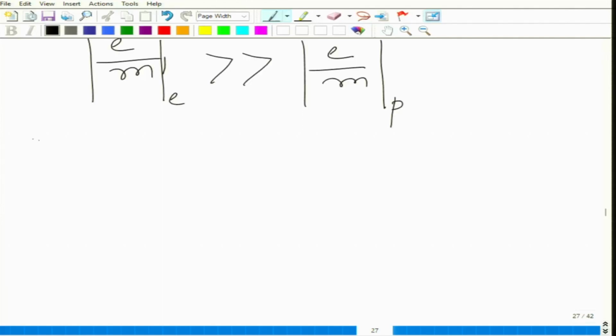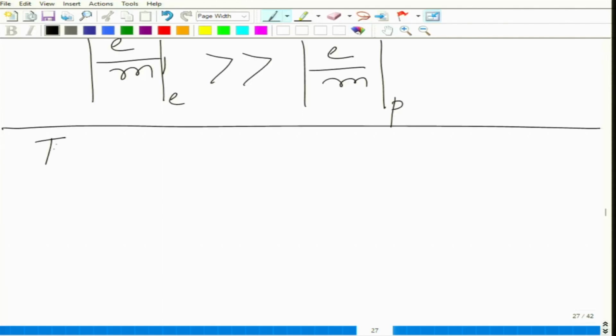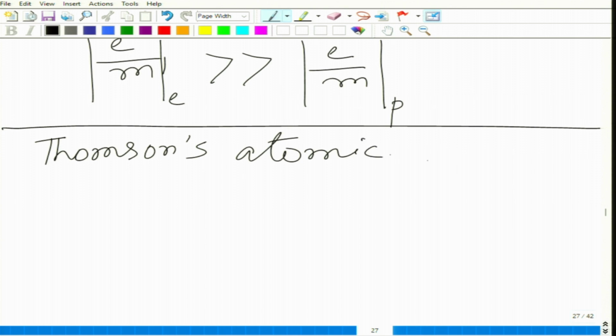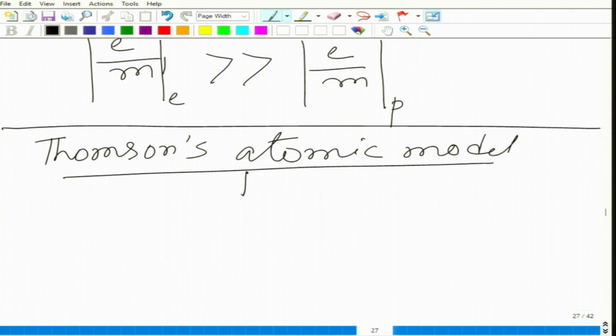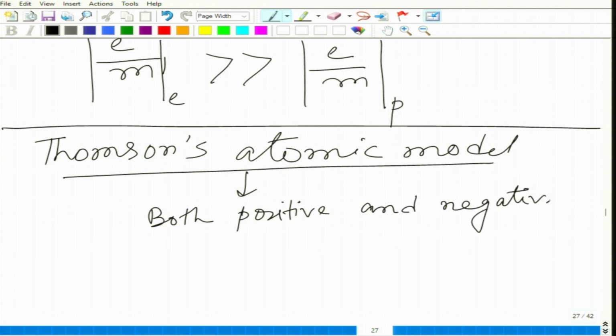So now we know about the electrons and protons. Next we will study Thomson's atomic model, which included both positive and negative charges.